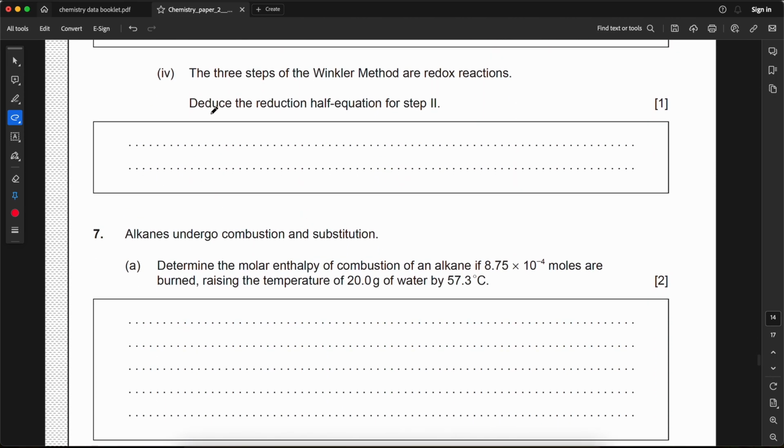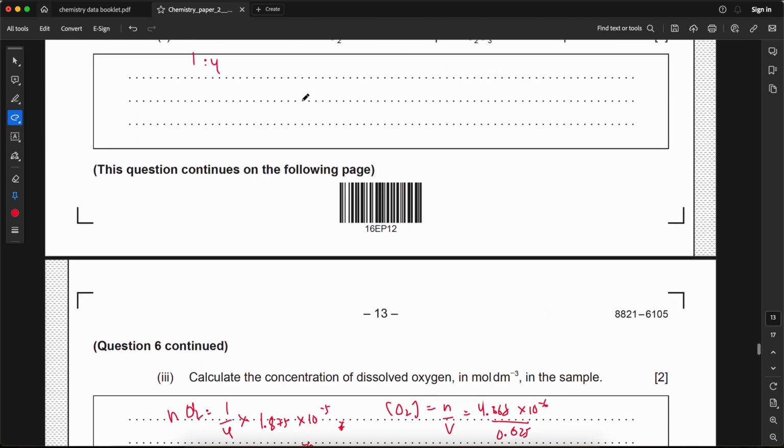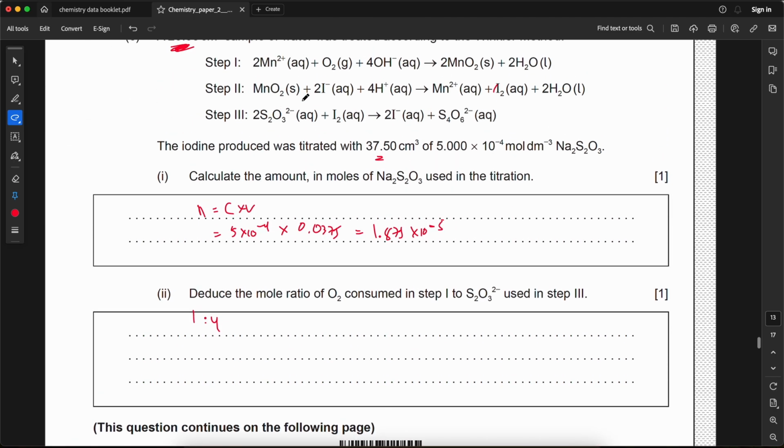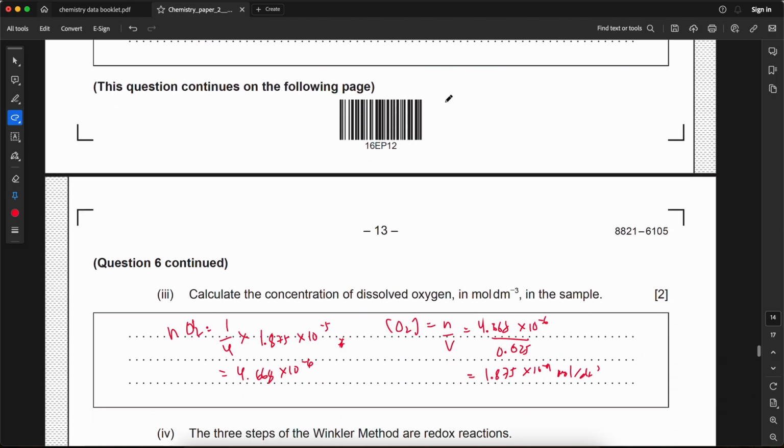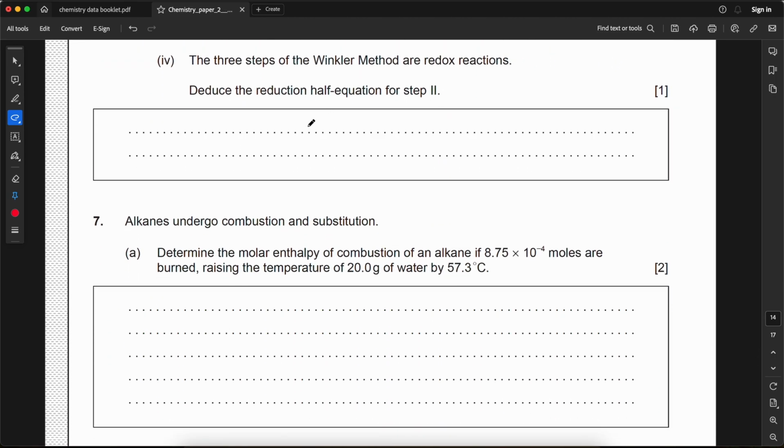The 3 steps of the Winkler method are redox reactions. Deduce the reduction half equation for step 2. So step 2, the half equation, is between MnO2 and Mn2 plus. Okay, let's do this. MnO2 produces Mn2 plus.